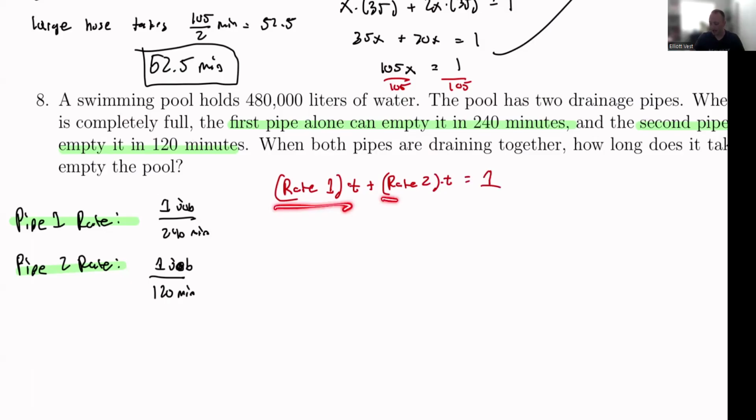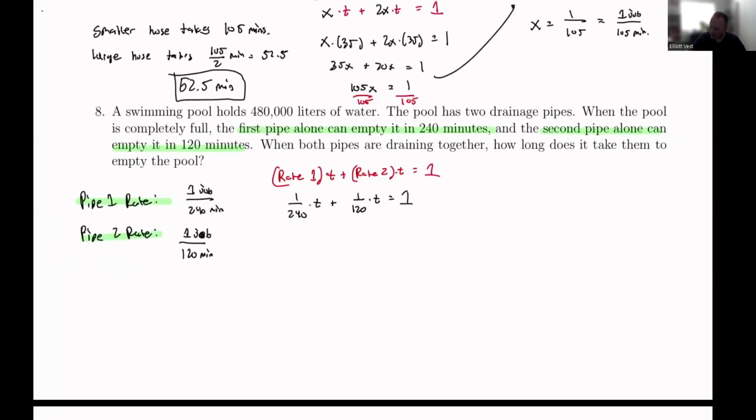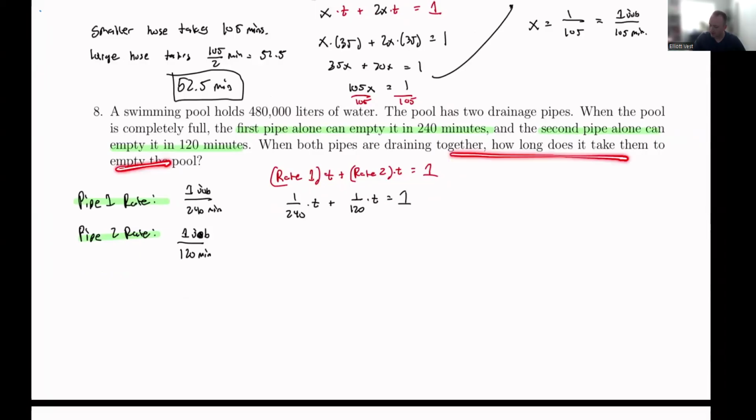Let's add the rates together for that certain amount of time, and that equals the one job done. So this becomes rate one: we can do the one job in 240 minutes for the first pipe. The one job can take 120 minutes for the second pipe, and that equals one. And we're asking for how long it takes to empty the pool.